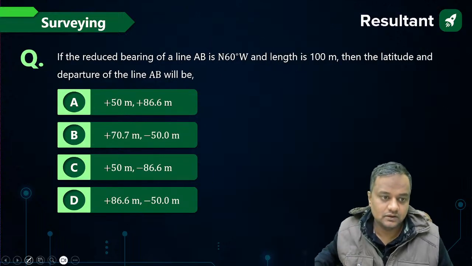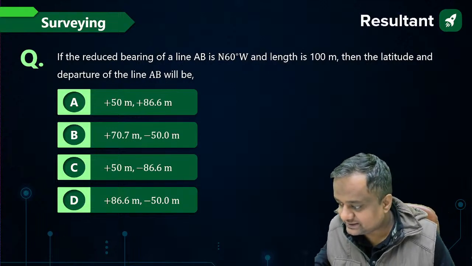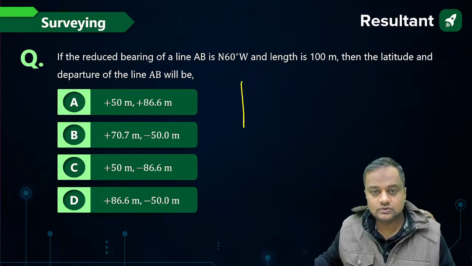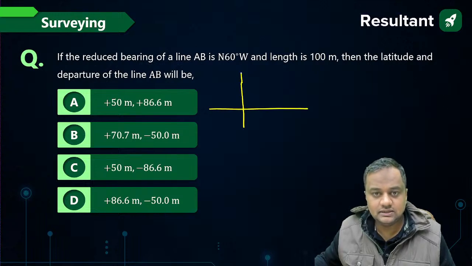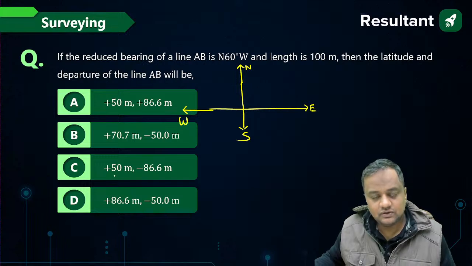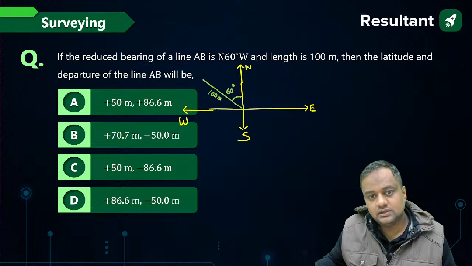Easy. What is the latitude and departure? N 60 degree west, with a length of 100 meters.